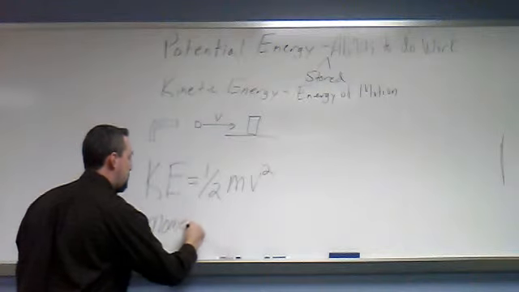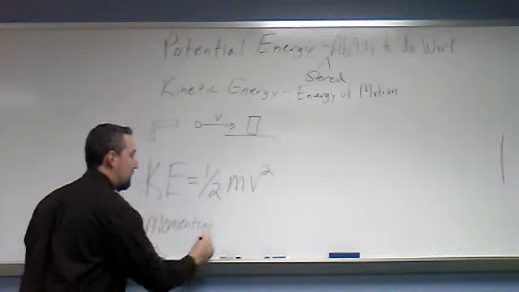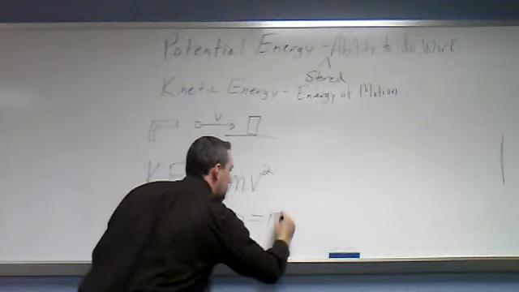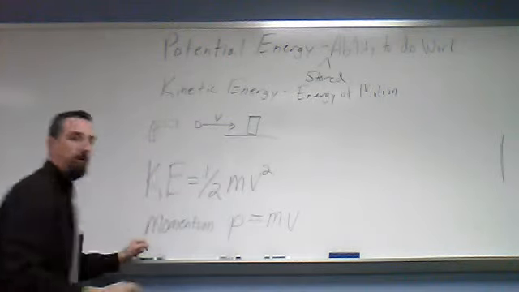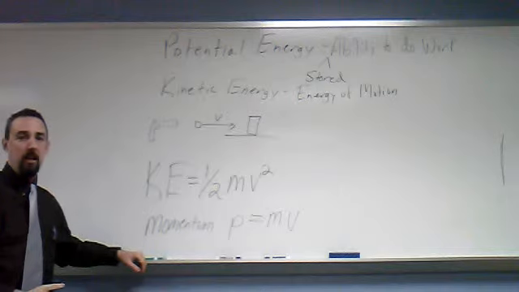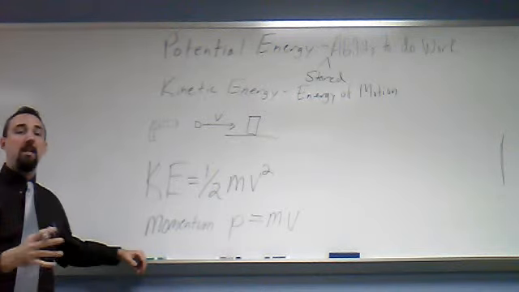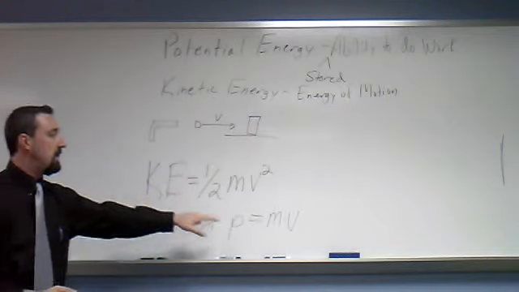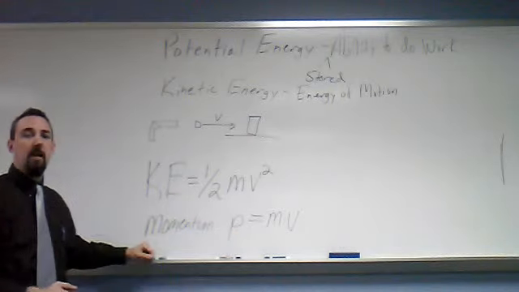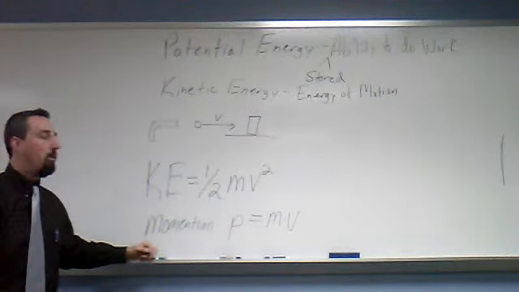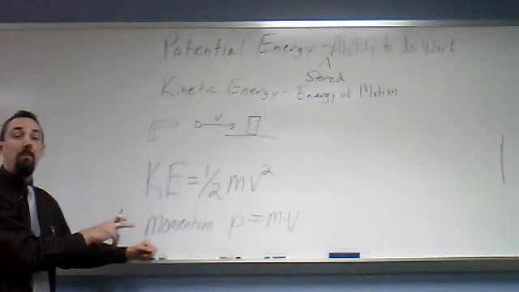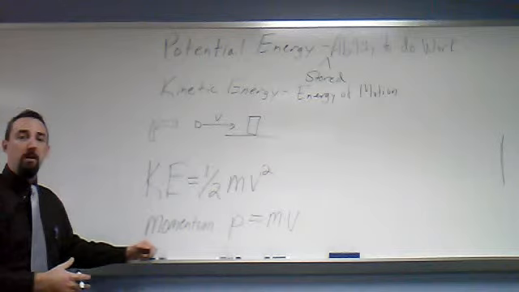If you remember, momentum, which we symbolize as the lowercase p, is equal to mass times velocity. In fact, these are very related. If you were able to do a little bit of calculus, you would say, oh, if I differentiate this equation, I get that equation. If you don't know what that means, then don't worry. So we're going to find out that not only are these two things similar, but that we're going to end up using them quite a bit.